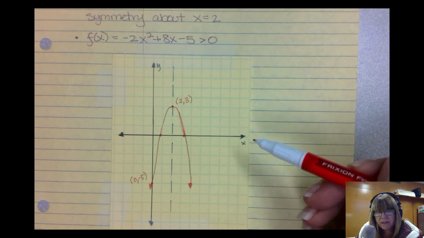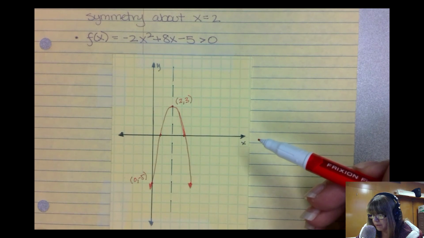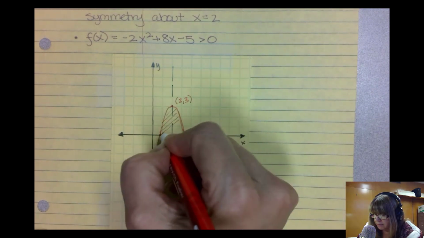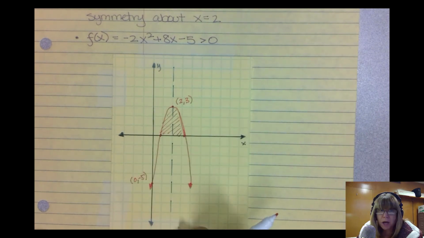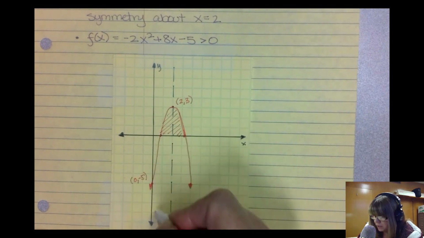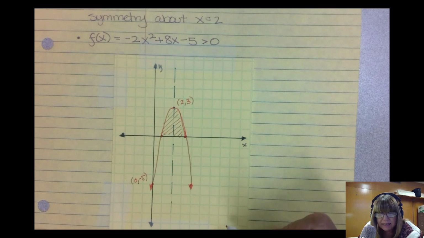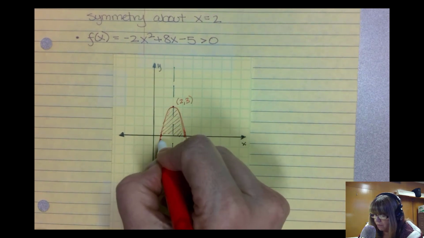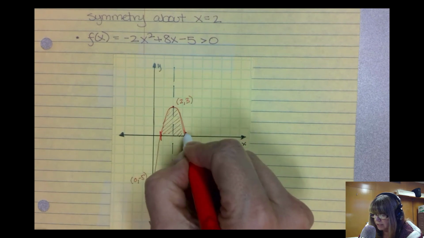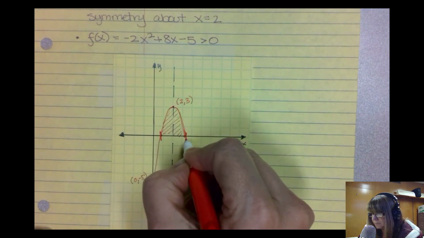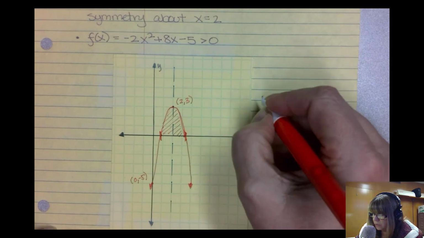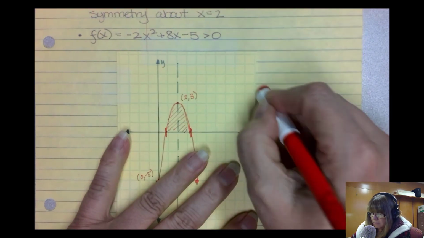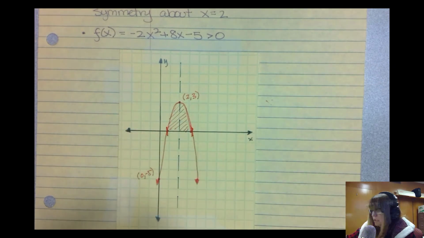When it is above the x-axis, it is positive. And therefore, in this region, it is positive. In this region, it's negative. And therefore, the values that are above the line are from this point to this point. Meaning, my x value, when x, okay, use a different color here.